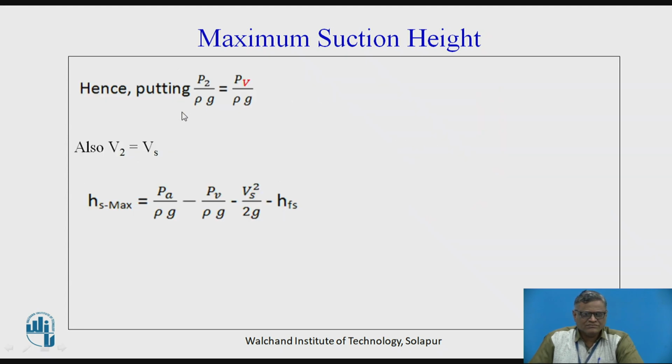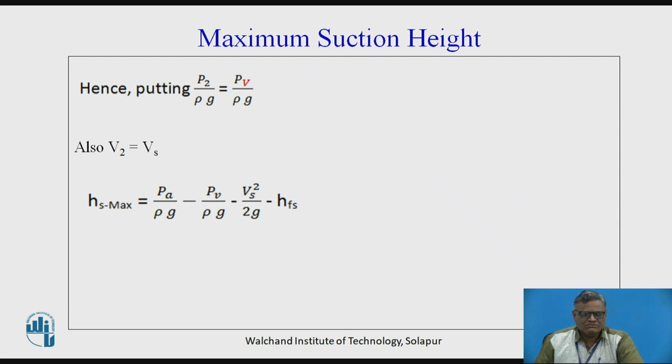Taking P2 by rho g equal to PV by rho g, the vapor pressure head, and also replacing V2, the velocity at section 2, which is nothing but the velocity of the liquid on the suction side, so V2 is replaced by Vs, Hs max comes out to be Pa by rho g minus Pv by rho g minus Vs square by 2g minus Hfs.